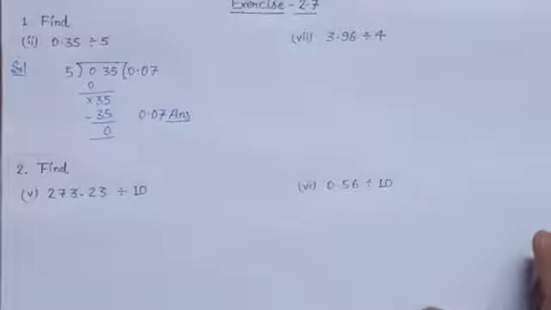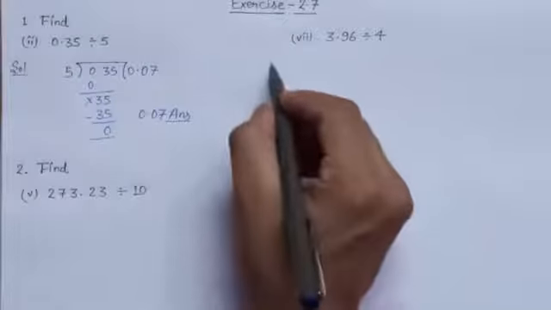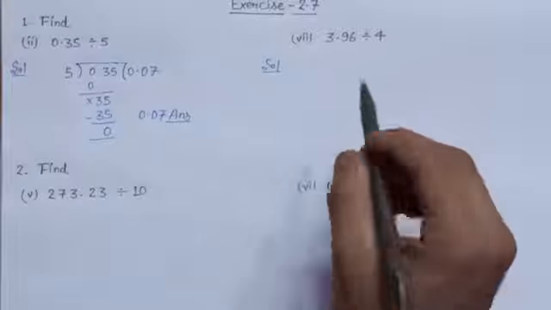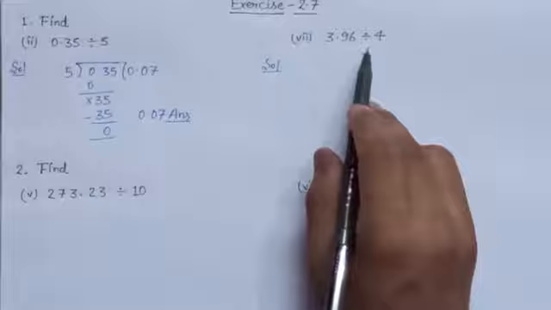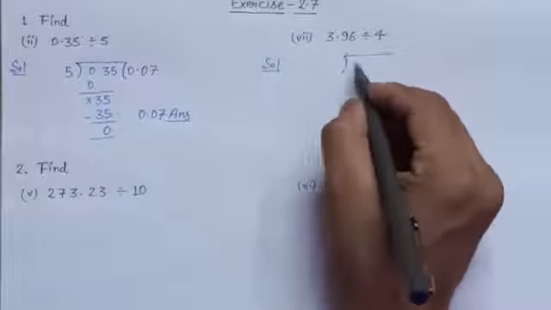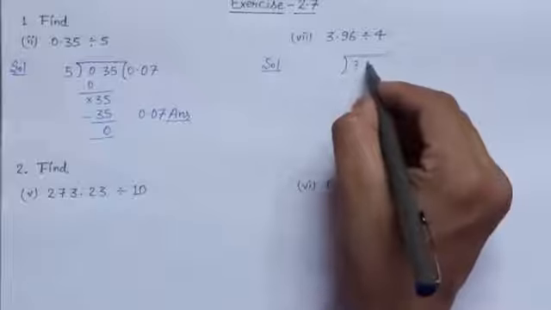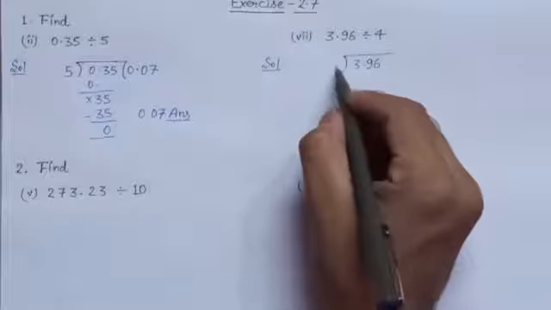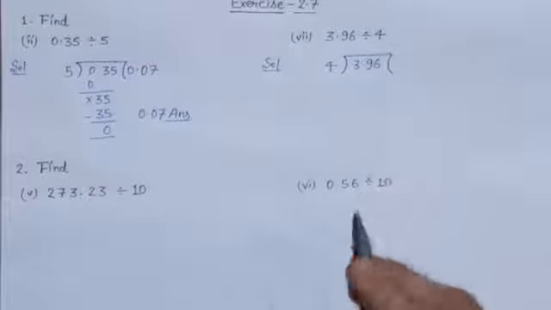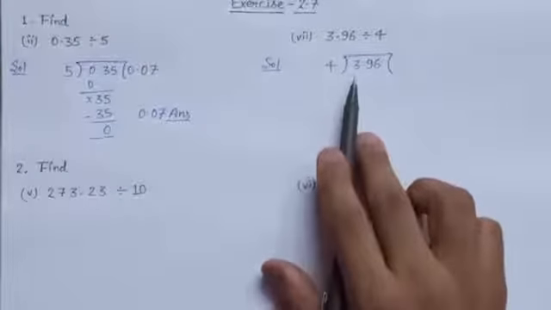Now let us do the next part in the same way. So in this problem, you can see we have to divide a given decimal 3.96 by a whole number 4. So we can take the dividend as the given decimal 3.96 and divisor as 4. Now students, first we have to divide the whole part of the given decimal.